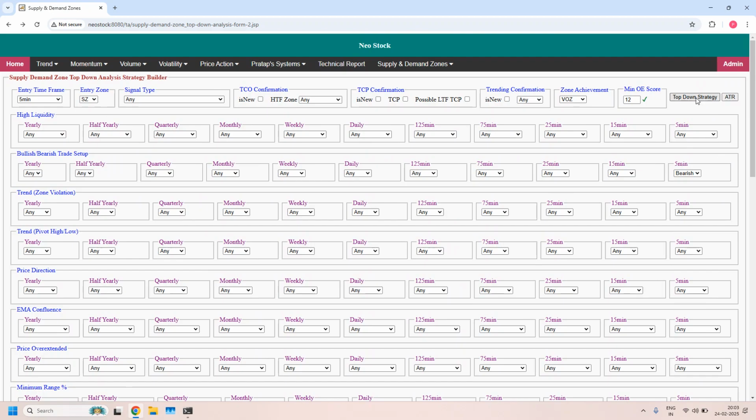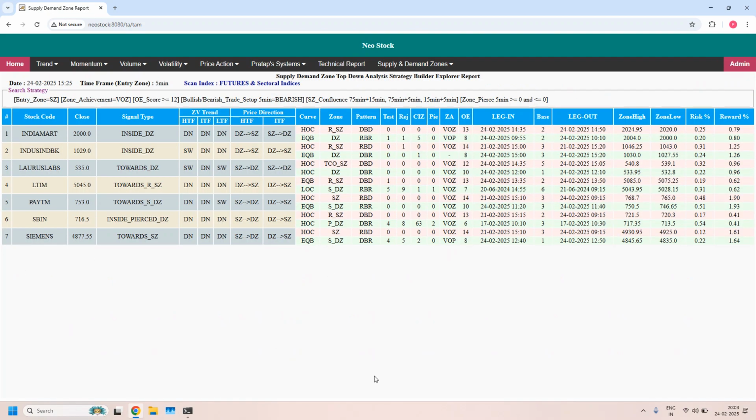With all the 3 filters, we got 7 stocks. That means in all these 7 stocks, these 5 minute supply zones are overlapped with 15 minute supply zone, and both together again overlapped with 75 minute supply zone. That means all these 5 minute supply zones are fine-tuned supply zones inside 75 minute supply zone.